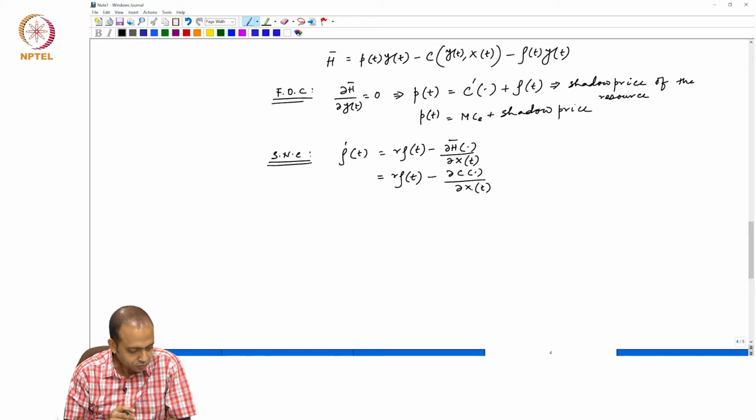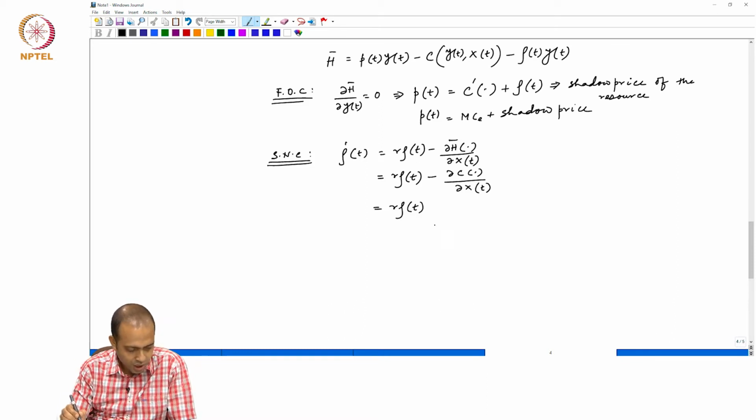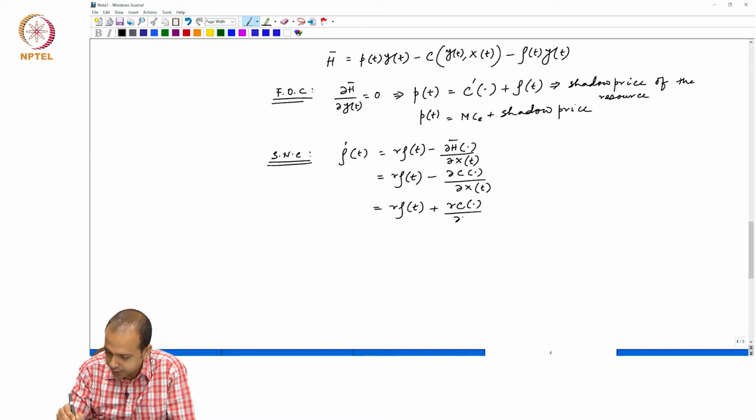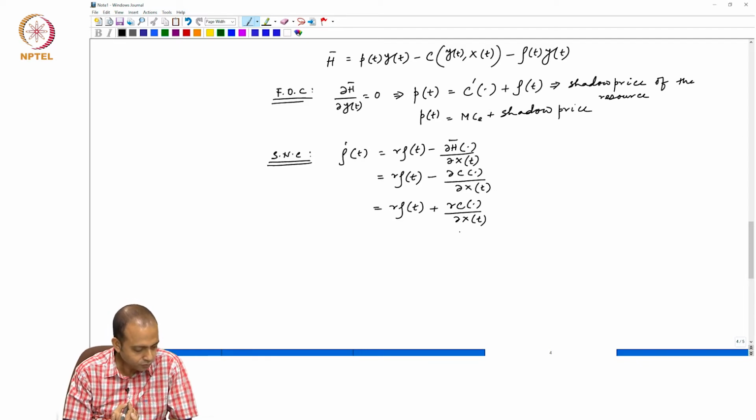Okay. So, this is actually, we can think of del C del x is itself is negative, because this is called stock effect on cost of extraction. So, that means we can write this is basically equals to R into rho t plus del C del x t.